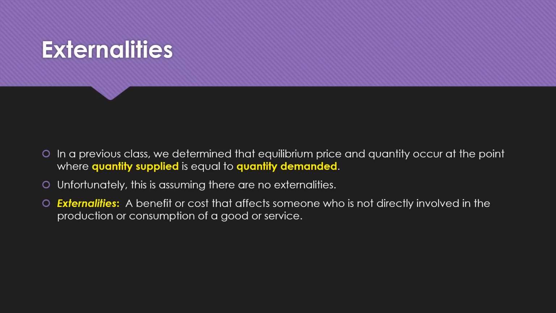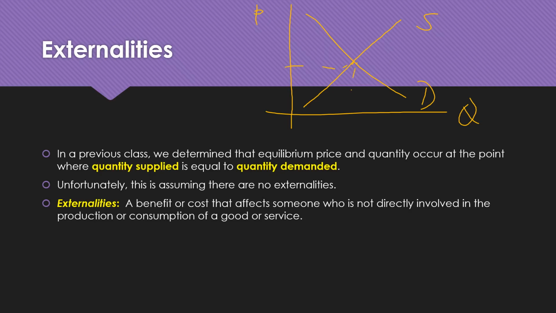So this lecture is going to be talking about externalities, and externalities by definition has something external associated with it. In reality, we talked about how our market equilibrium occurs at the point where quantity supplied is equal to quantity demanded. So here we have a downward sloping demand curve, and an upward sloping supply curve, and then we have quantity and price, and this intersection point gives us an equilibrium price and an equilibrium quantity.